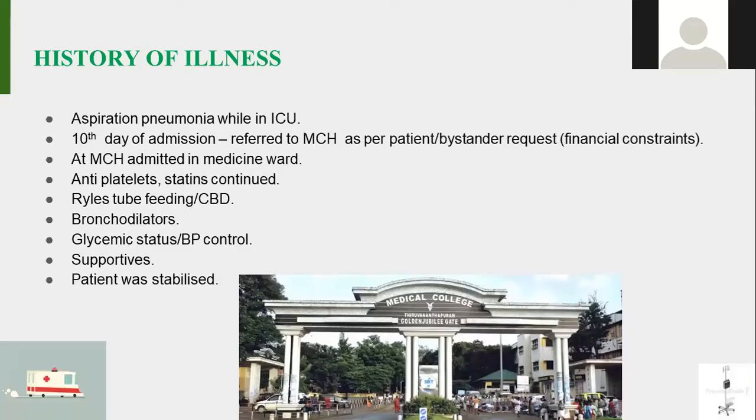During the ICU stay, he had an episode of aspiration pneumonia, and on the 10th day, due to some financial constraint, they took reference to the Government Medical College Trivandrum. And here he was admitted in the medicine ward. They continued the same line of management, and they controlled the comorbidities, that is diabetes and hypertension. So the patient was stabilized, and they transferred him to the PMR department. You can come to the next slide.